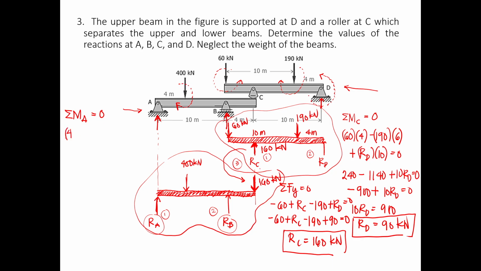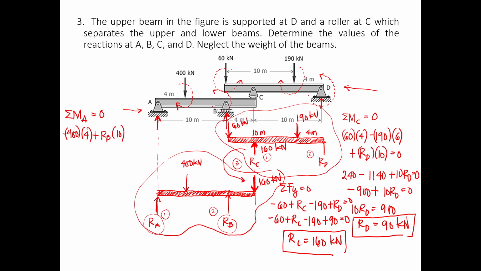So that will be negative 400 times 4. Then going towards the reaction at B, that will create a counterclockwise rotation. That's positive. So R sub B times 10.